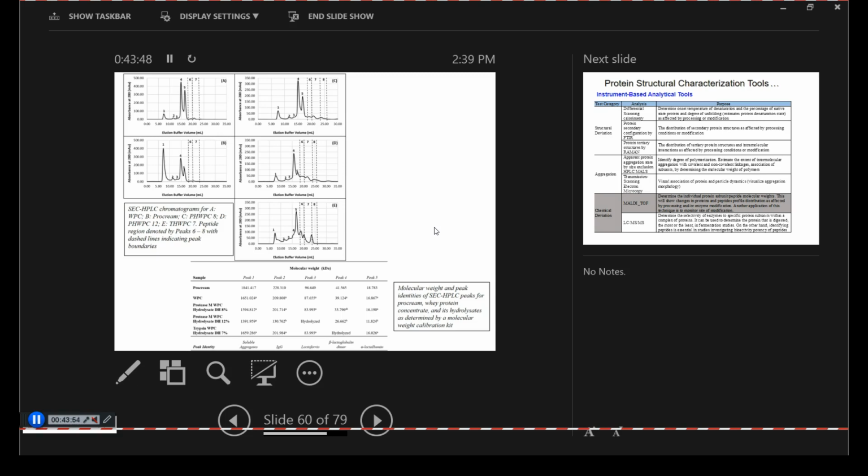So we were able to determine that both from literature, knowing the molecular weights of the different components of whey protein, and also running standards on the column and plotting the molecular weight of these standards so we can deduce the molecular weight of these peaks.